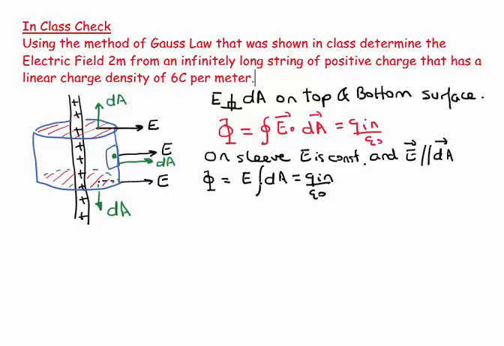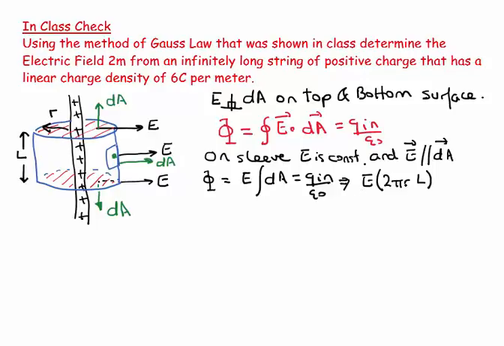Well, what is the integral of dA? The surface integral of dA is all the little windows on the sleeve, because we're talking about the sleeve now. So we get E times the surface area of the sleeve, which is the circumference multiplied by the height. So let's have 2 pi r times, let's call the height L. Let's mark it on here: this is L from there to there, and this is r from there to there.